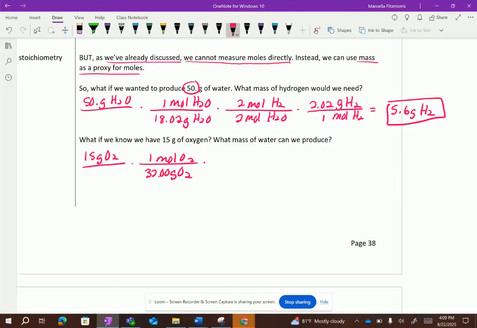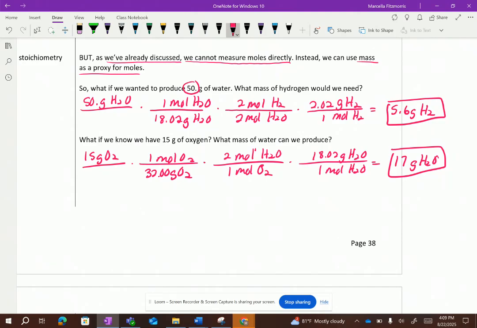Now we can use our equation at the top of the page to find the ratio that for every 1 mole of oxygen, we're going to produce 2 moles of water. Now that we know how many moles of water we need, we can say 1 mole of water has a mass of 18.02 grams of water, and we can have our final answer, which is 17 grams of water.